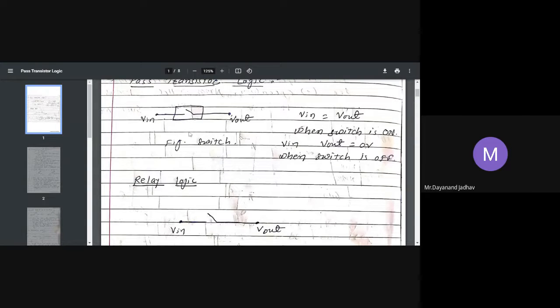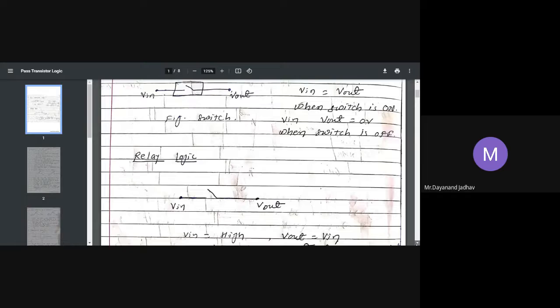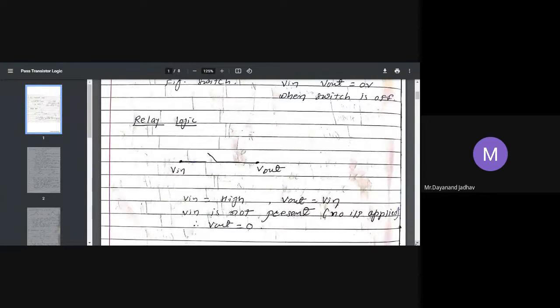So when the switch is on, V in is equal to V out, and when the switch is off, V out is equal to 0. This is called a switch, and as we know, MOS acts as a switch. How, we had discussed already in the last lecture.